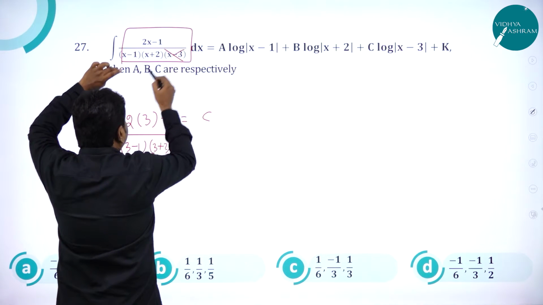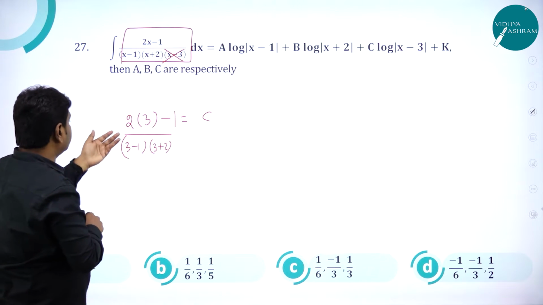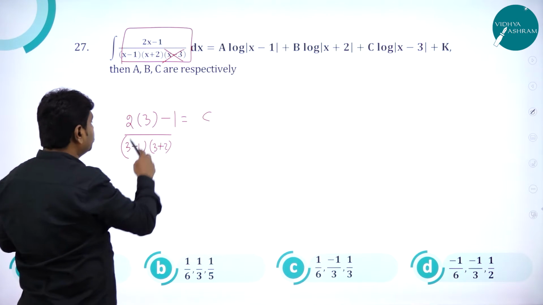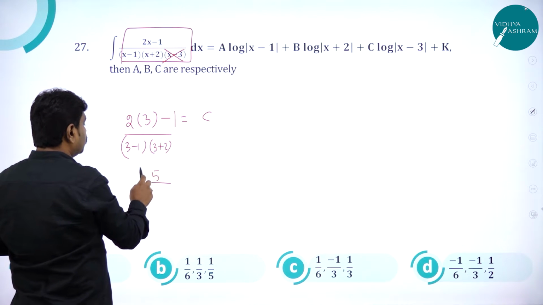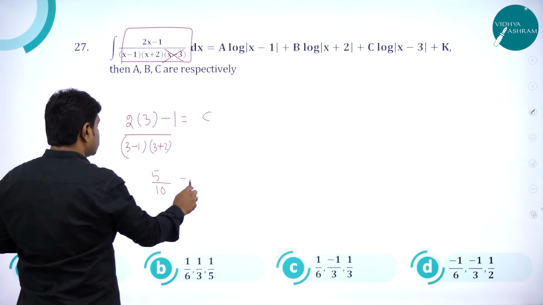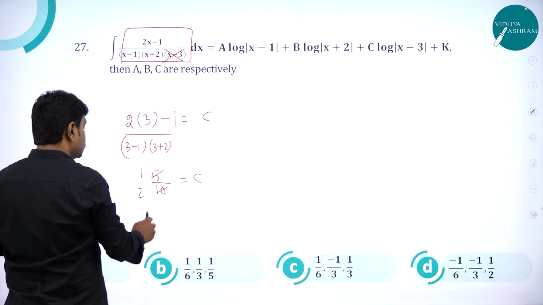Now simplify this. 3 2s are 6 minus 1 is 5, divided by 3 1s are 3 minus 1 is 2, 2 5s are 10. So you got C. 5 1s are 5, 2s are. C is 1 by 2.